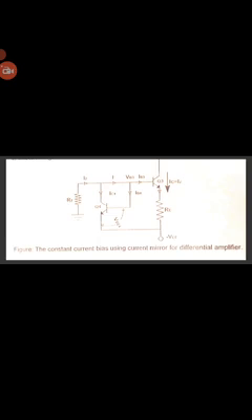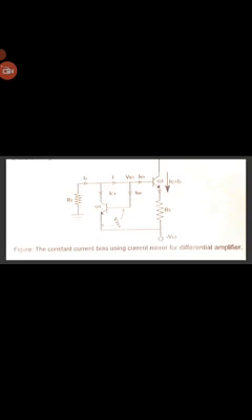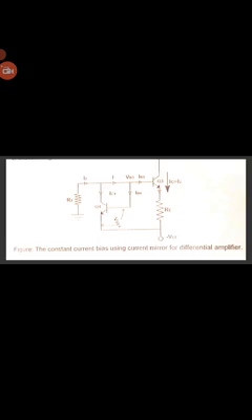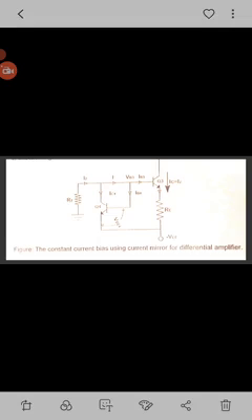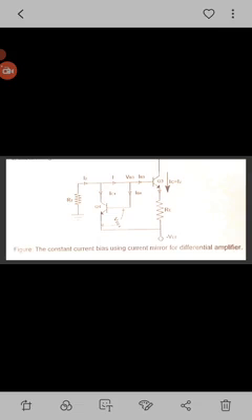In this current mirror circuit, transistor Q3 and transistor Q4 are identical transistors.